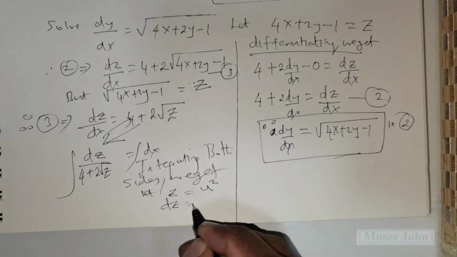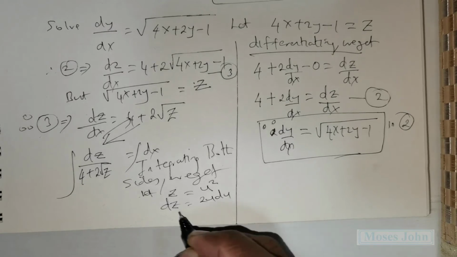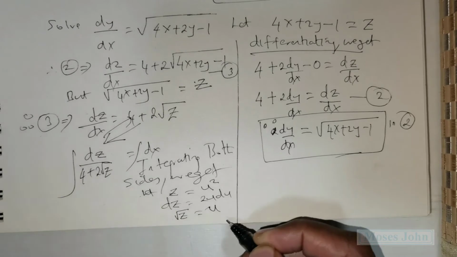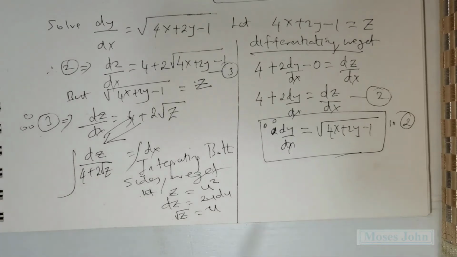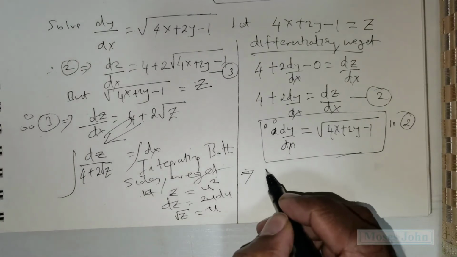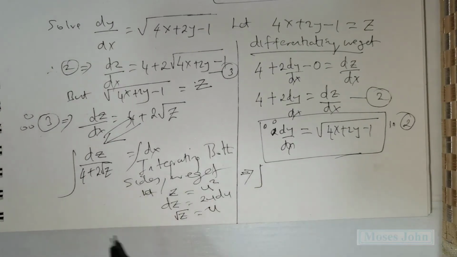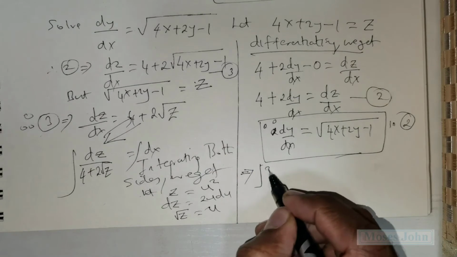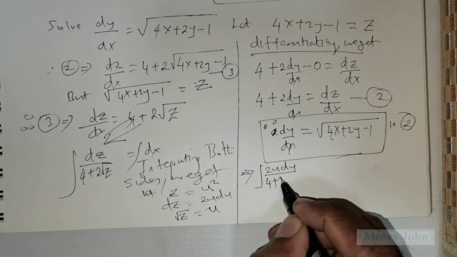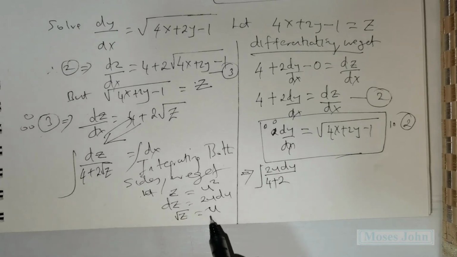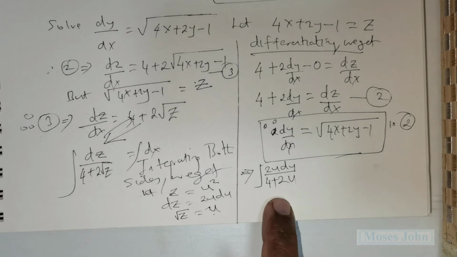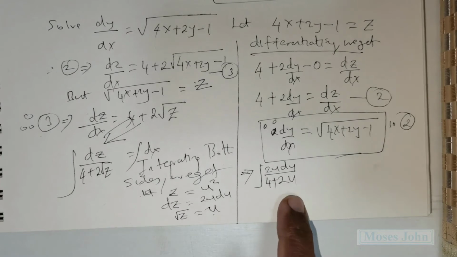So dz is going to be 2u du, and root z will become u. So this implies the integral, in place of dz, I substitute 2u du divided by 4 + 2 times root z, which is u. So this is what I have got, 4 + 2u.